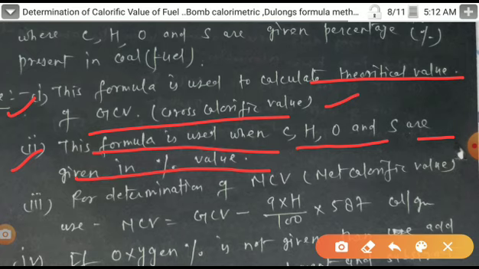When you calculate the total sum percentage, you subtract it from 100%, and then you get the percentage of the particular element which is not given in a particular numerical.